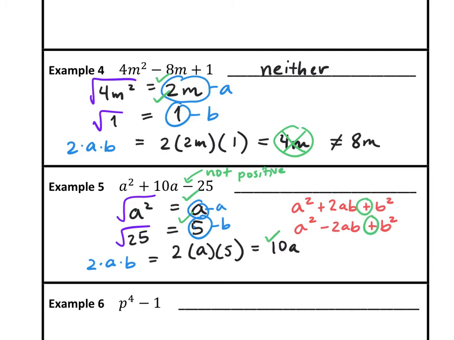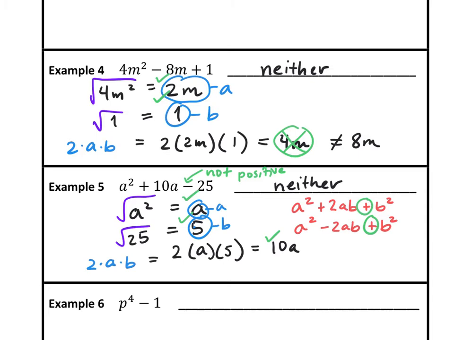So it's not a perfect square trinomial. And it's not a difference of squares, because a difference of squares should only have 2 terms, but this has 3. So it's not a difference of squares. It does have 3 terms, but the last term has to be positive, and it's not. So this is also neither.